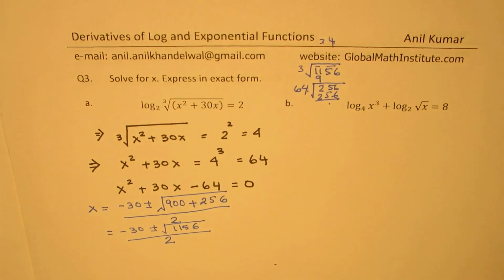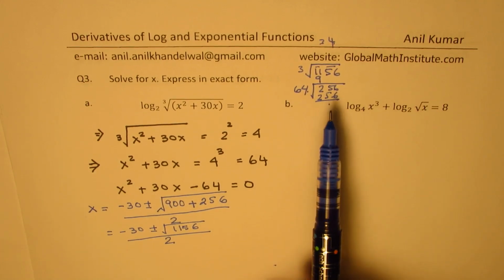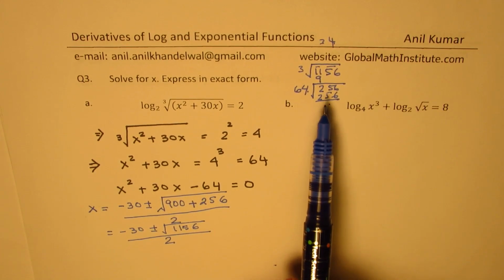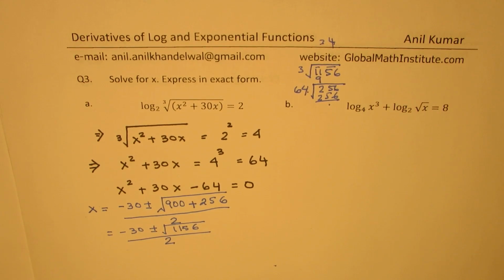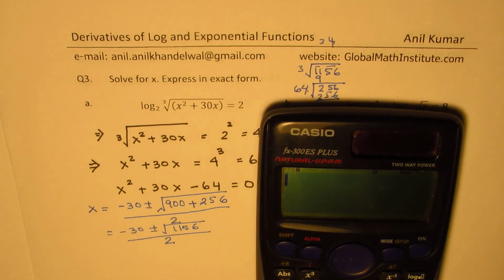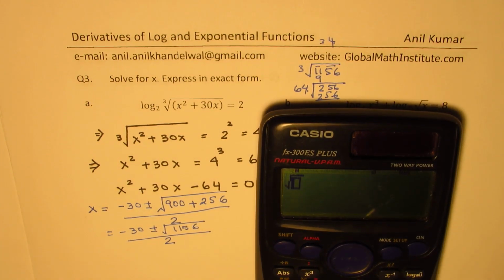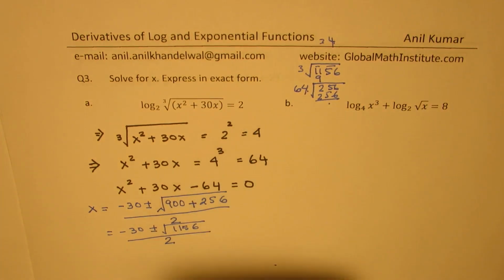So 34 is the square root of this number. I'll provide you with a link on how to find a square root without a calculator. Let's also confirm: if you are allowed a calculator, you would always do the square root of 1156 and get your answer, which is 34, correct?